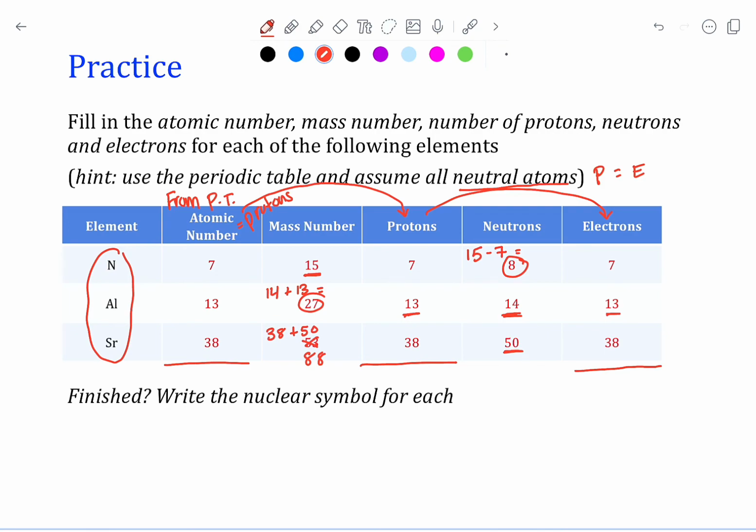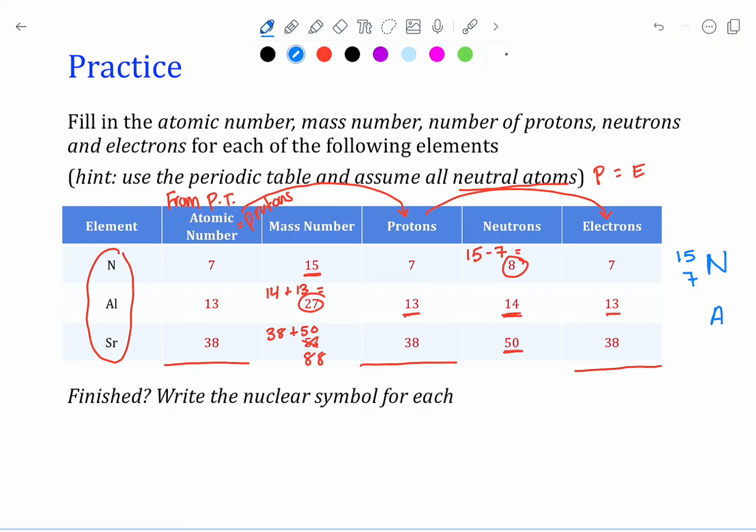So let's write the nuclear symbol for all of these. Nitrogen is our element symbol, N. We put our number of protons, or our atomic number, on the bottom, and we put our mass number on the top.